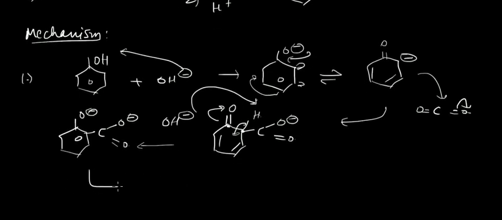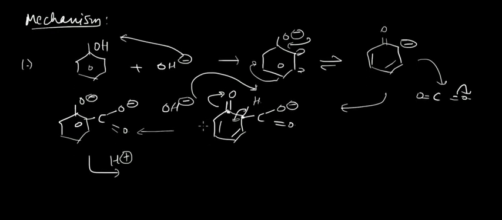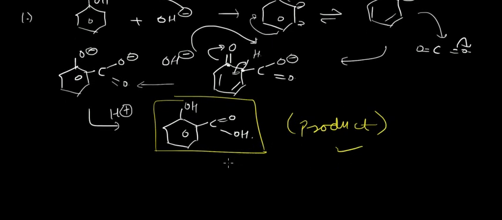The second step is we are passing in acidic medium, or H plus, in the reaction mixture, so we'll get phenol with OH group and C double bond O OH in the mixture as a product. Okay, so this completes the mechanism of Kolbe-Schmidt reaction.